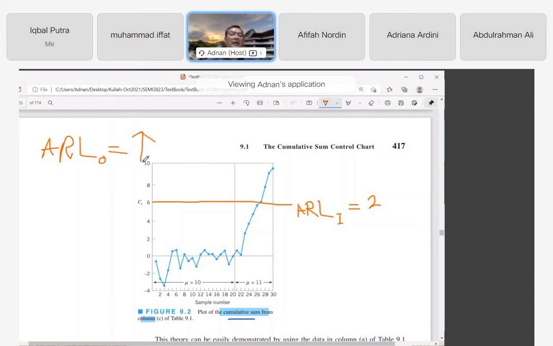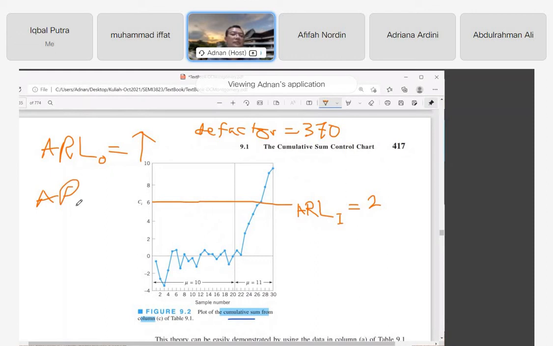The ARL0 value is 370 for the Shewhart control chart, meaning that on average, there is only one false alarm in 370 points.